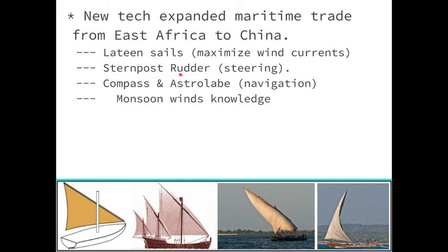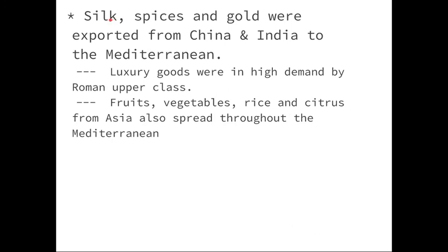The rudder, another Chinese invention, allows the ship to steer, kind of like a steering wheel. The lateen sails, these triangular sails you see here, maximize the wind current. So all this new technology is spread all over the trade network of the Indian Ocean, and people are using these new technologies to expand trade, right?